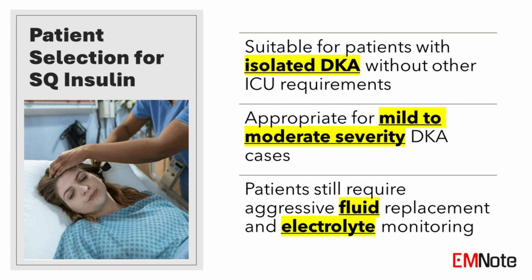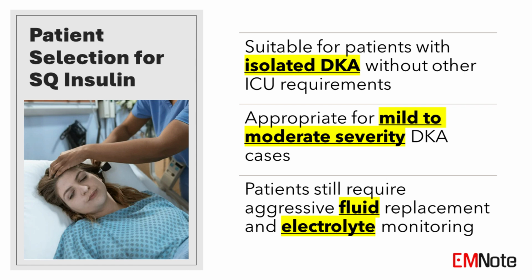Patient selection for subcutaneous insulin in DKA. The selection of patients suitable for subcutaneous insulin therapy in DKA is critical to ensure safe and effective treatment. Candidates for this approach typically include 1. Patients with isolated DKA who do not require ICU admission for other reasons. 2.